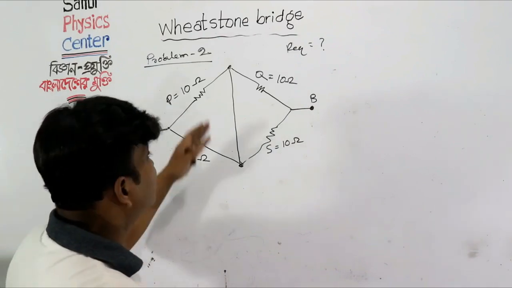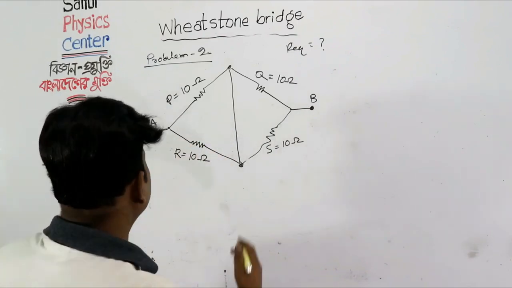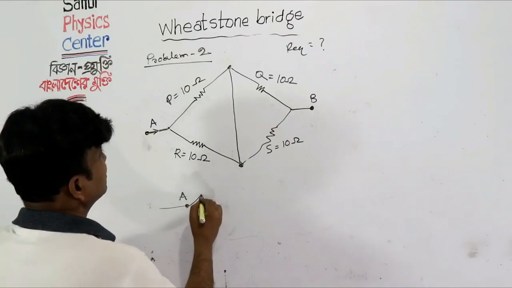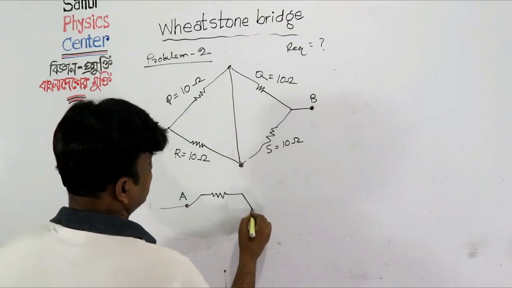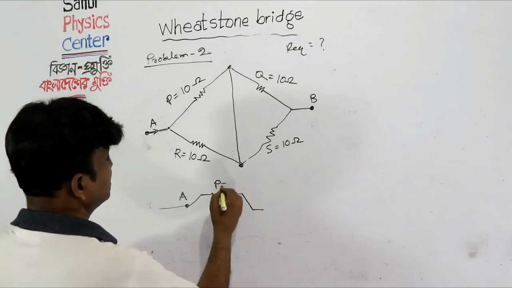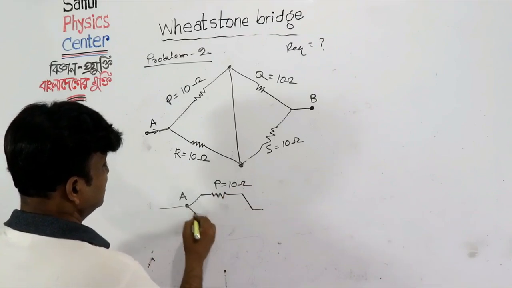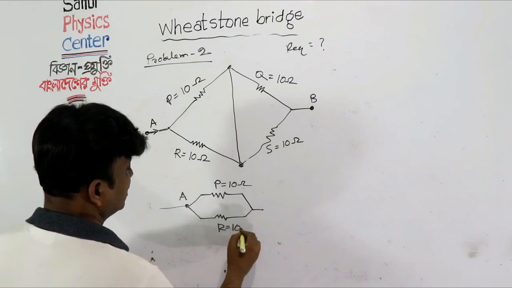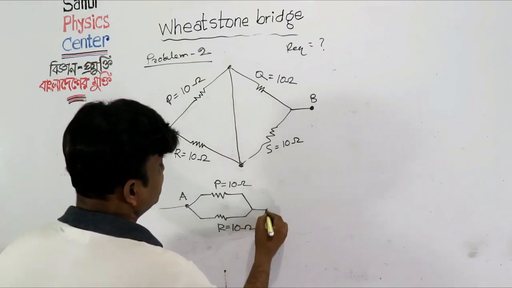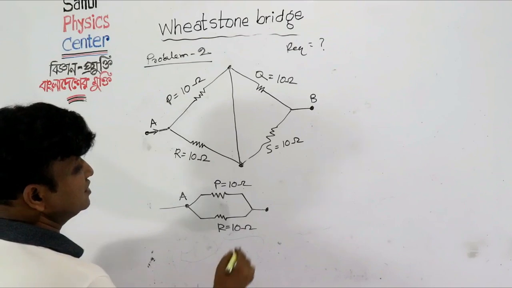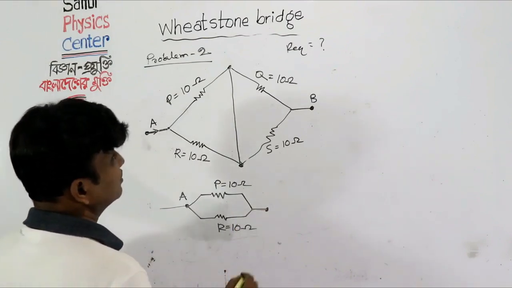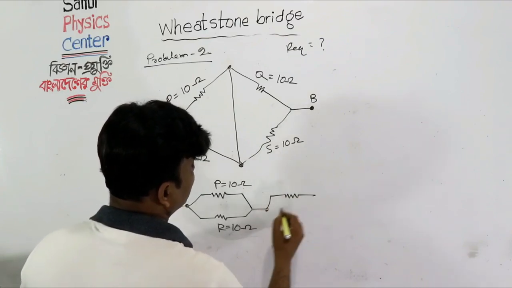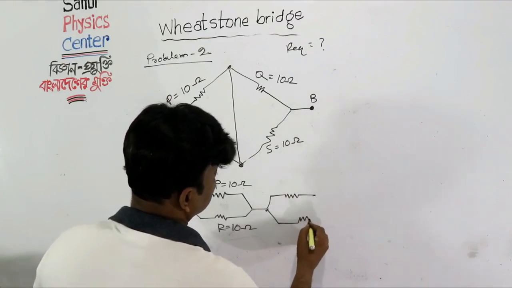So we can rearrange this circuit like this: this is point A, this is the resistance P, which is 10 ohms, and this is the resistance R, which is also 10 ohms, in parallel, connected in series with Q and S, where Q is parallel with S.